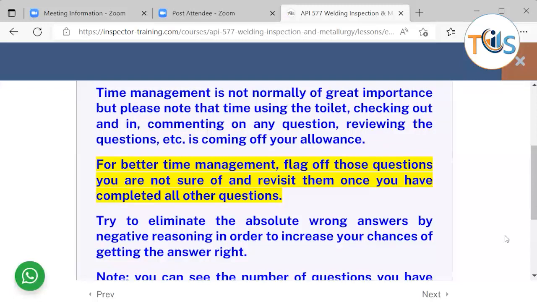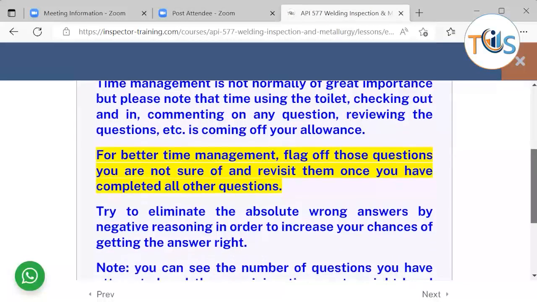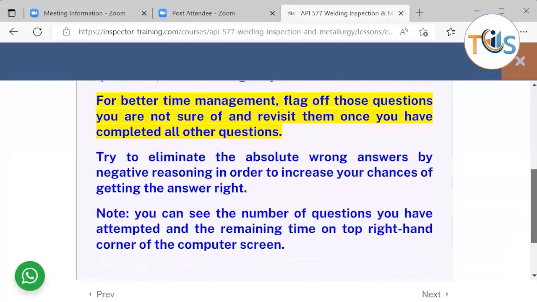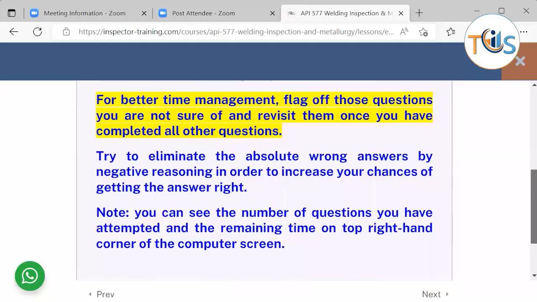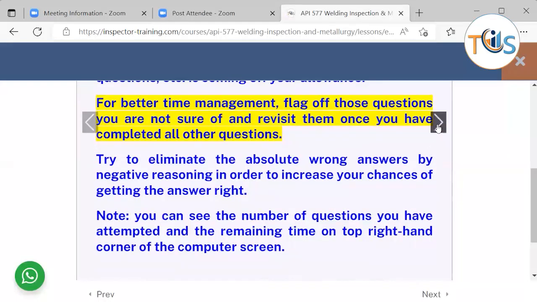For better time management, flag those questions that you're not sure of and revisit them once you have completed all other questions. Try to eliminate the absolute wrong answers by negative reasoning in order to increase your chances of getting the right answer. You can see the number of questions you attempted and the remaining time on the top right hand corner of the computer screen.